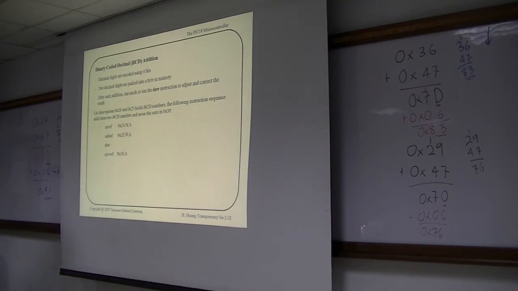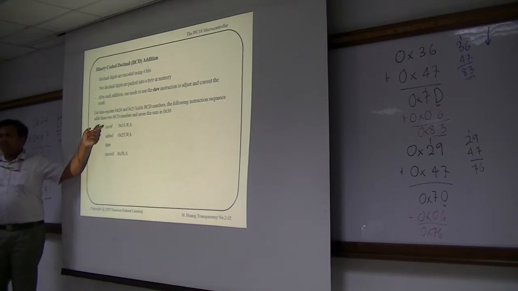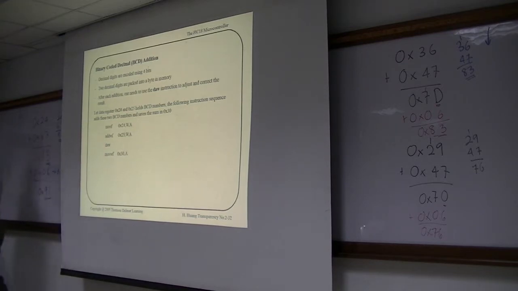If the question says add decimal this one with decimal this one, so it is BCD. So in that way, the steps are the same, right? Normal addition. Only thing you have to add this one. So this is for a single byte. Do you have any question on this?